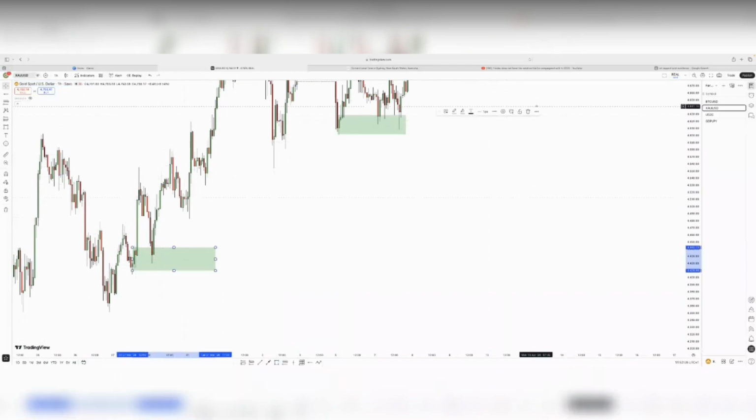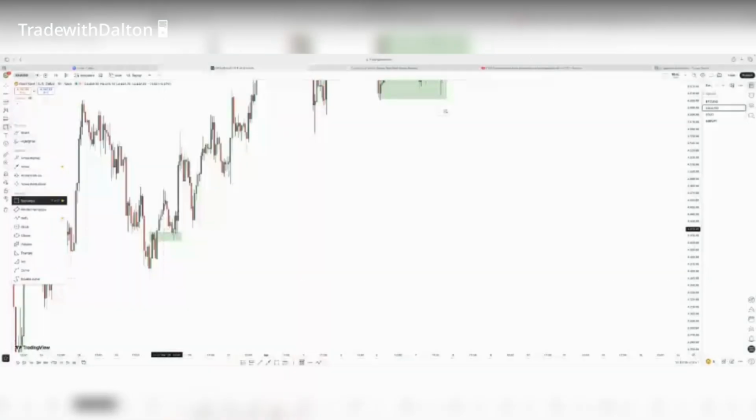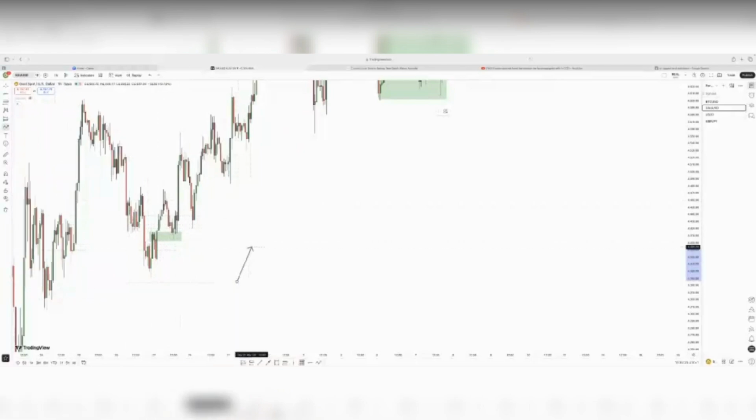Now, this right here is a breaker block. You can see it is a failed order block. It didn't create a new low, so it becomes a breaker block. Even if it is a valid order block, if you see something like this, it creates a new low, then breaks.